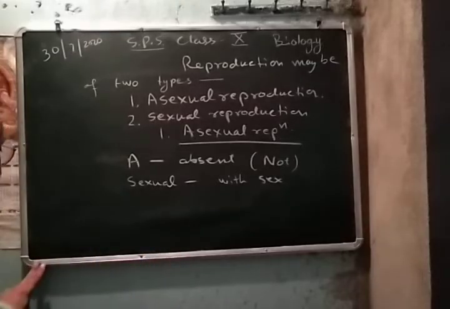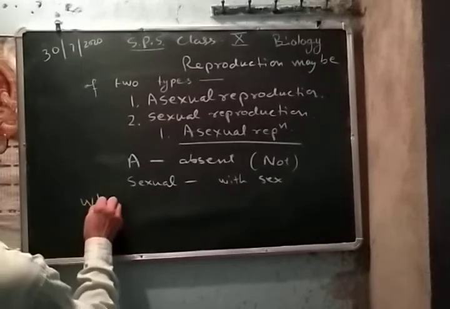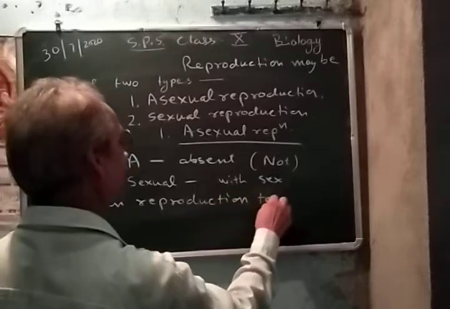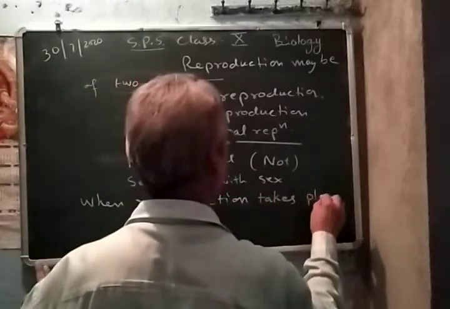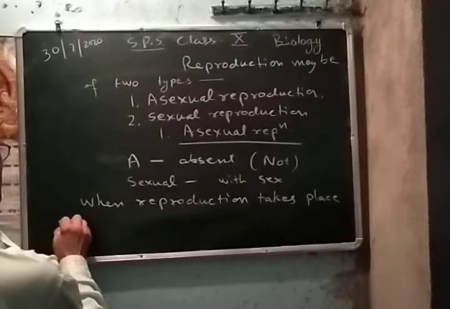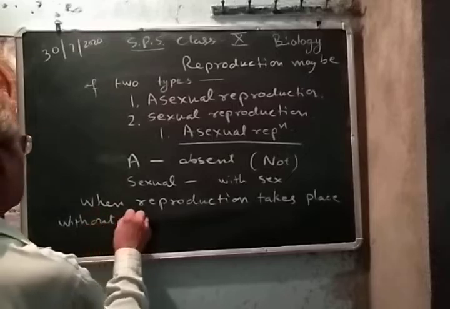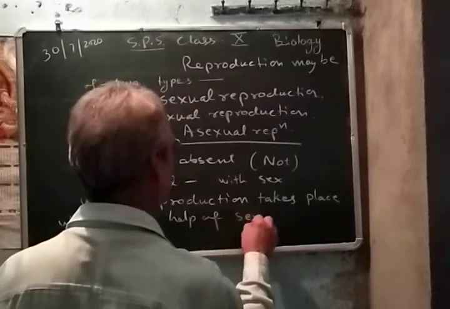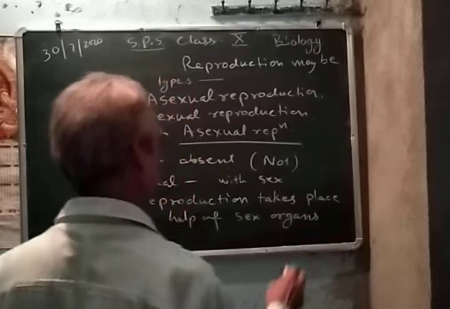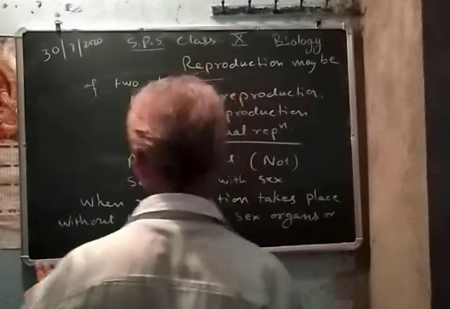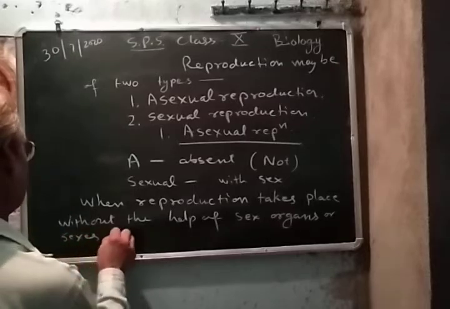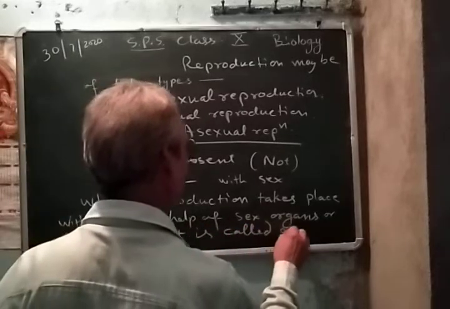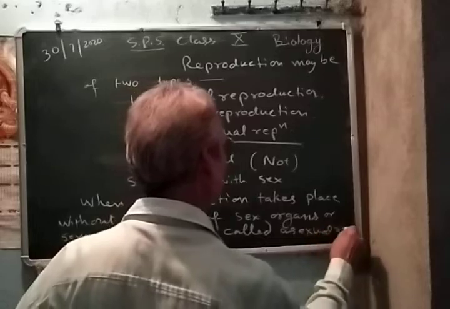We can define as when reproduction takes place without the help of sex organs or sexes, then it is called asexual reproduction.